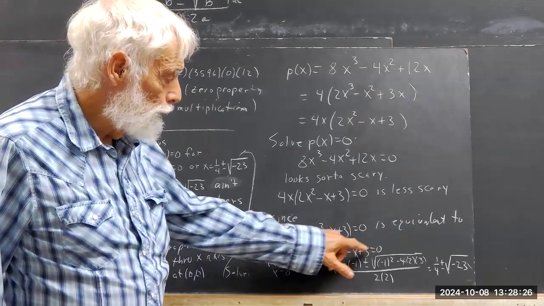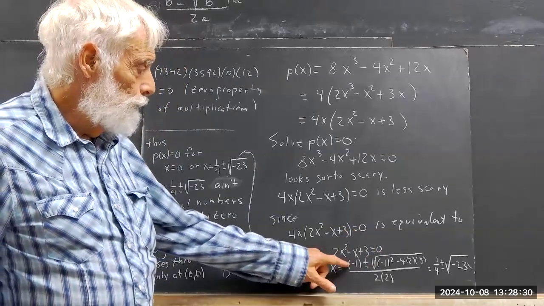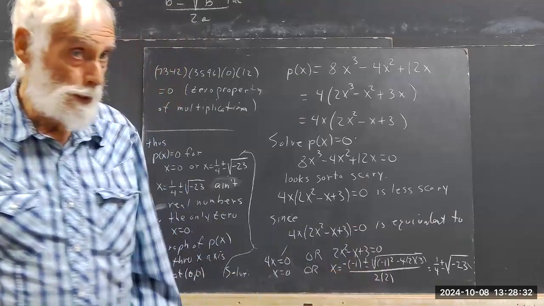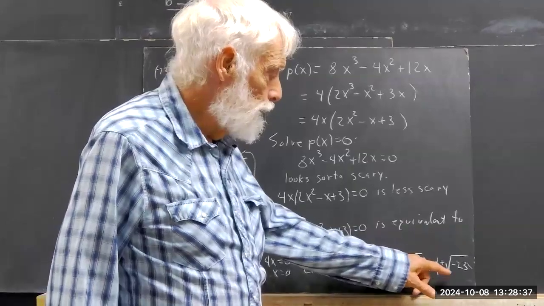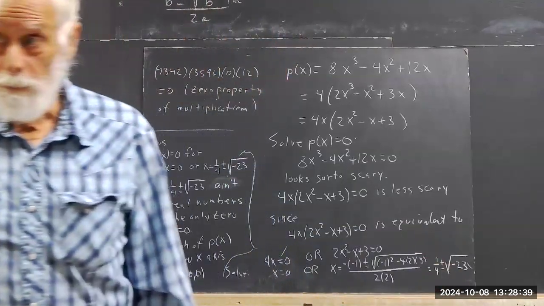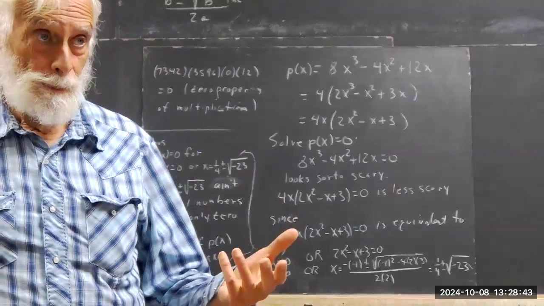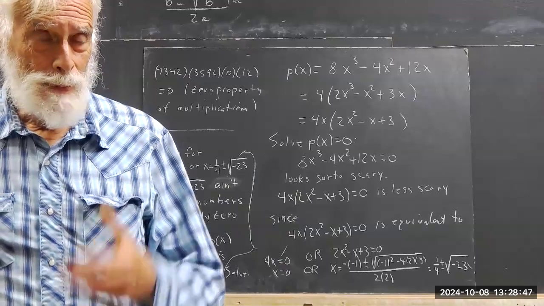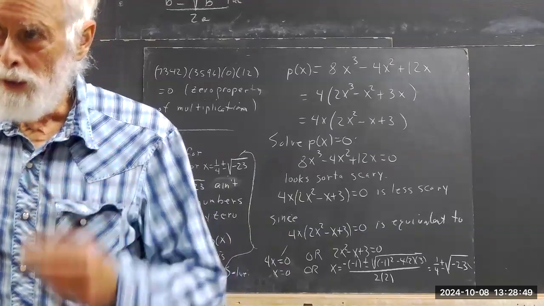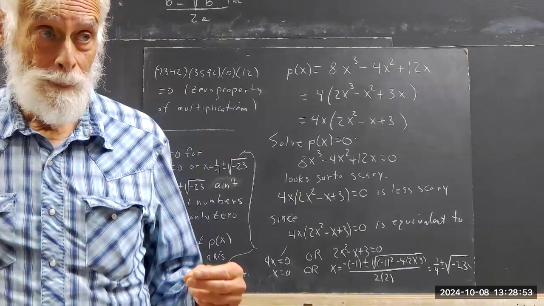2x squared minus x plus 3 equals 0 gives us x equals, by the quadratic formula, you plug the numbers in and do what it says. They get 1/4 plus or minus the square root of negative 23. Well, that is a 0. But what's that tell you about the graph? Well, it actually tells you a little something, but it doesn't tell you a point where the graph crosses the x-axis.